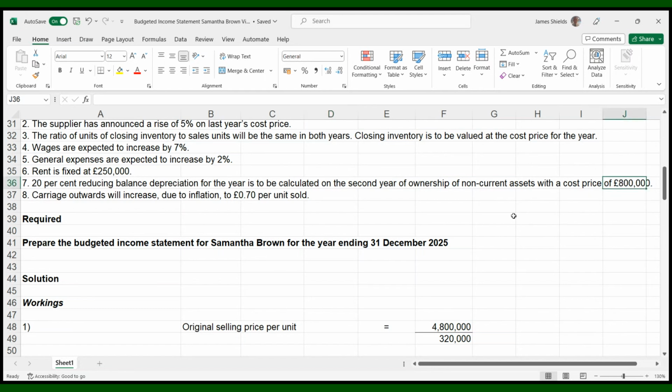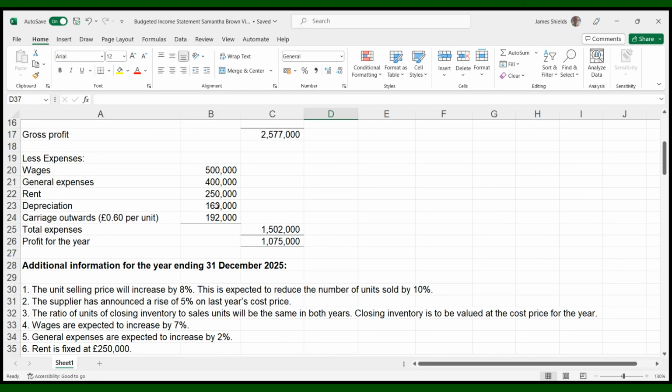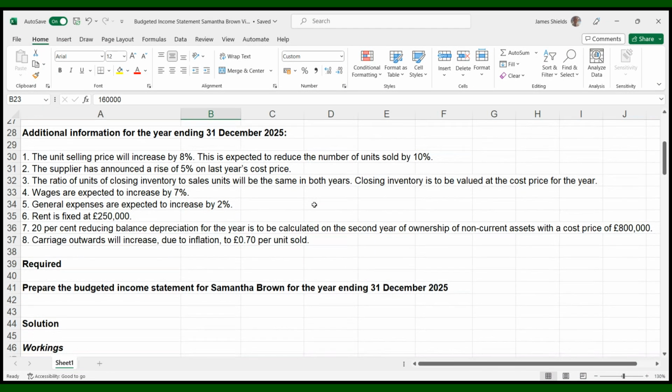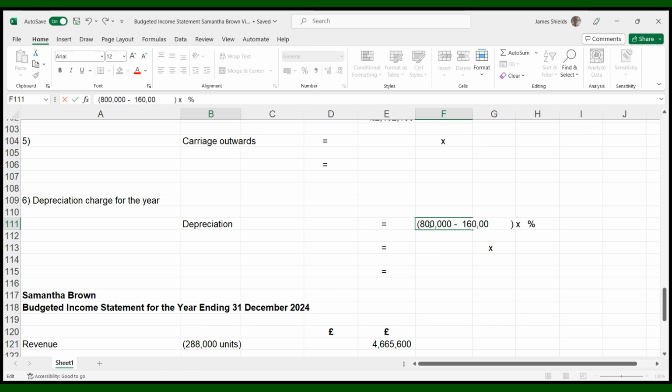Now, as this is the second year, the previous year was the first year, and that would also be the cumulative depreciation at the start of this year. So it's £160,000. So we're going to have 800,000 is the cost, take away cumulative depreciation of 160,000.